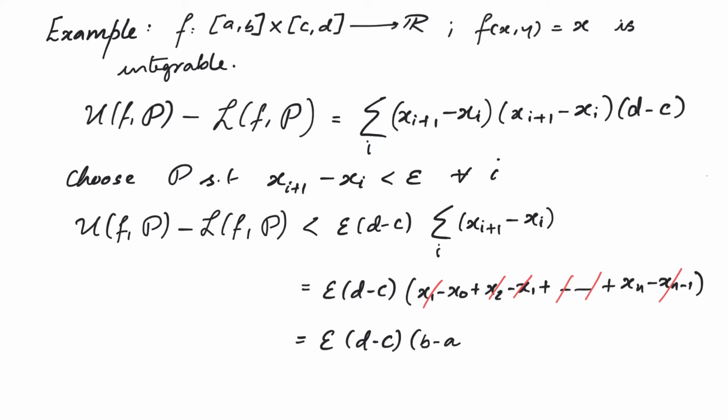Therefore, UFP minus LFP is less than epsilon into (d minus c) into (b minus a). That is, we can make UFP minus LFP as small as we want. And thus, we have the integrability of this function. Okay, so this function is integrable, but what is its integral? Let us try to answer this question next.